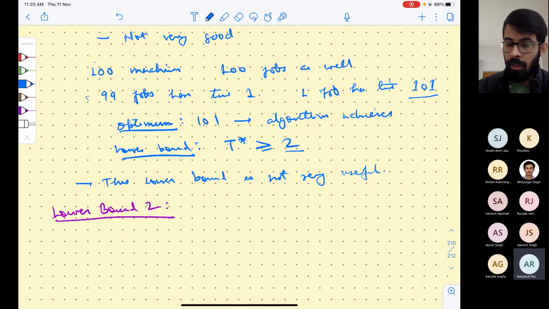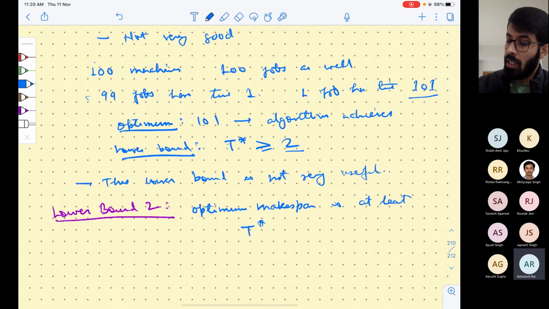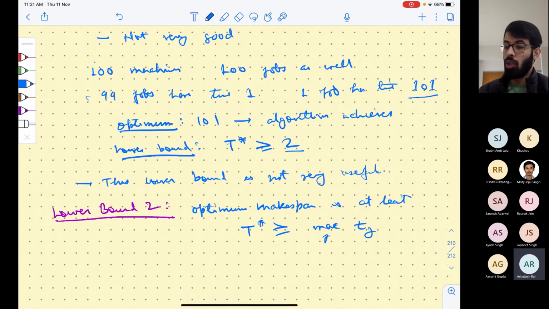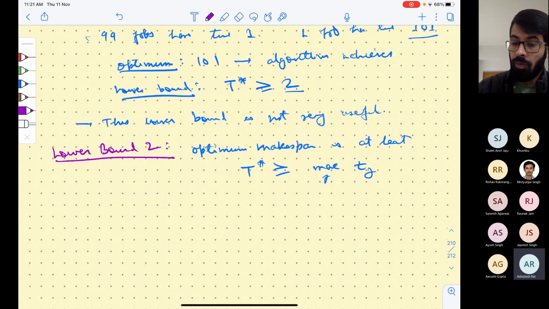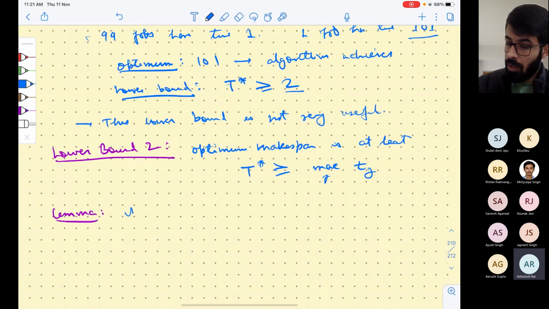What does it say? That the optimum makespan T star is greater than or equal to the max over all j of Tj, right? Because this Tj has to be assigned somewhere, so the makespan is going to be at least that much. And now with these two lower bounds, we are ready to prove. And what do we prove? The lemma says that the algorithm, what was the name of the algorithm?